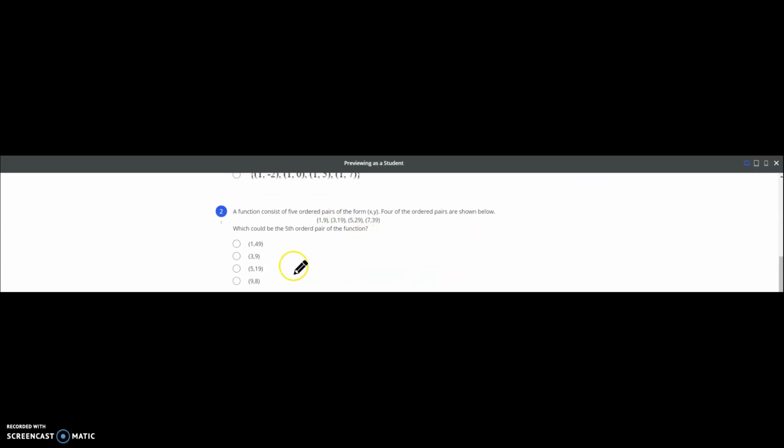Okay, let's take a look at this one here. It's saying a function consists of 5 ordered pairs of the form xy. 4 of the ordered pairs are here. Which one could be the 5th? So let's go ahead and put 1, 49 here. If 1, 49 is added, would this be a function? Well, take a look here. We have x is 1, y is 9.